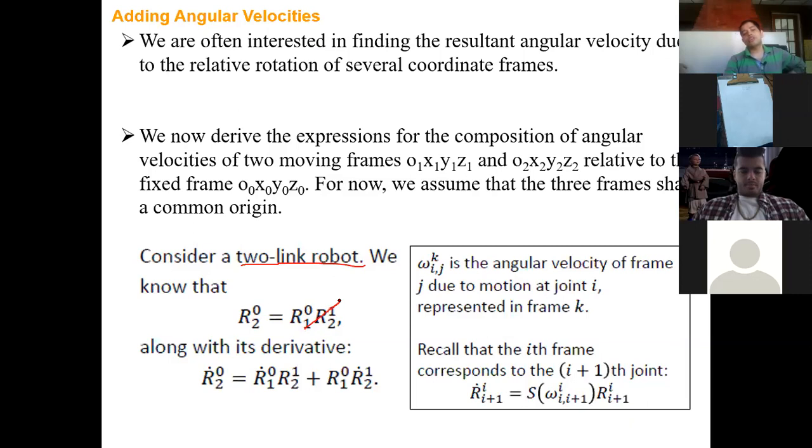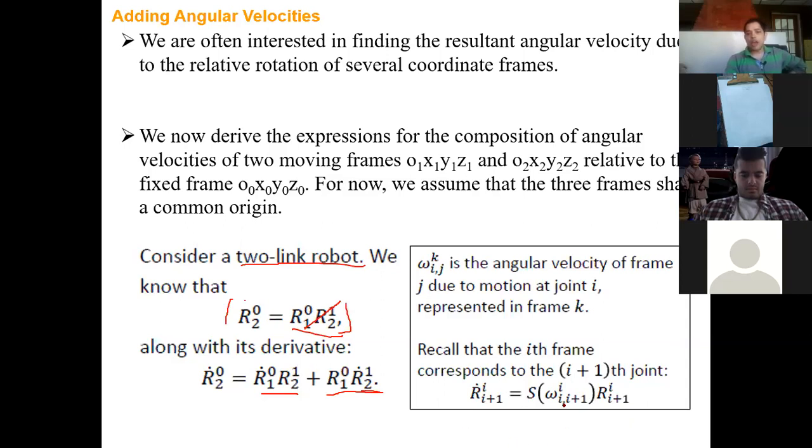R^0_2 = R^0_1 R^1_2. Now if you take the derivative of this, on the left it is R dot. Then on the right you use the product rule: R dot 0 1 times R 1 2, that's the first one, then R 0 1 times the derivative of the second one.